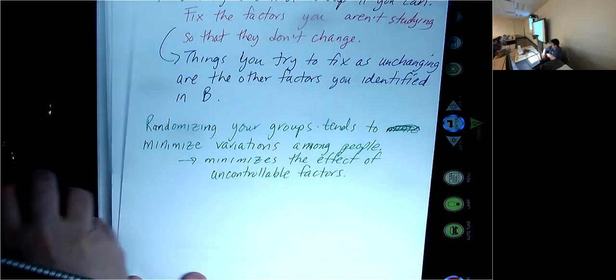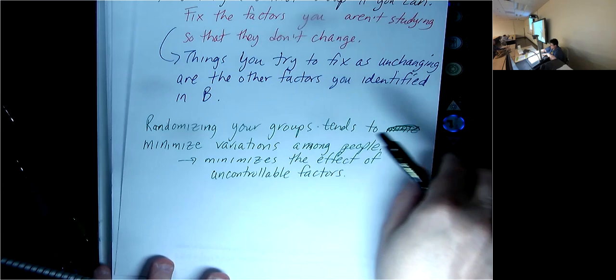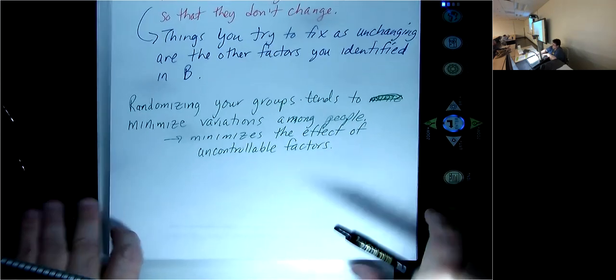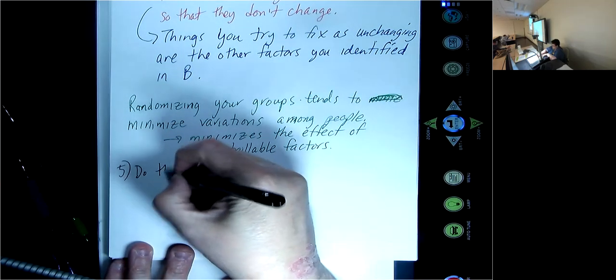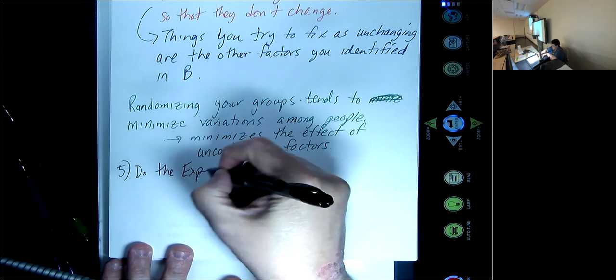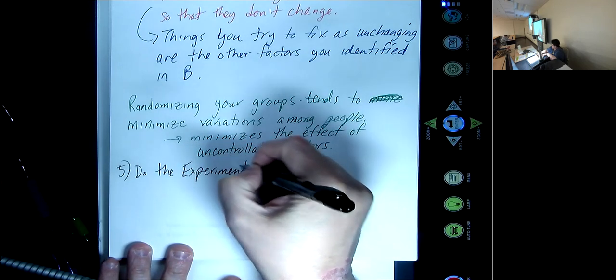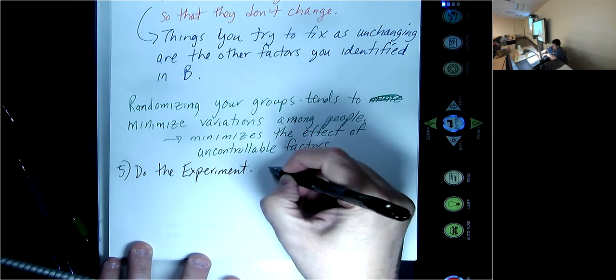Next, part 5. Experiment. You've done everything else. You figured out what you're going to do. You figured out what questions you want to ask. Do the experiment and collect the data.